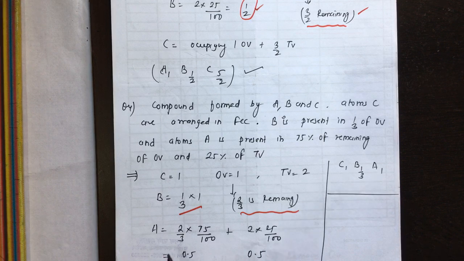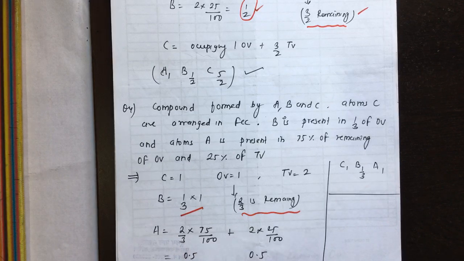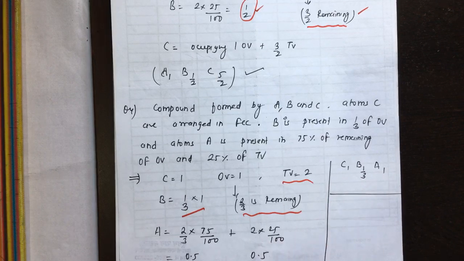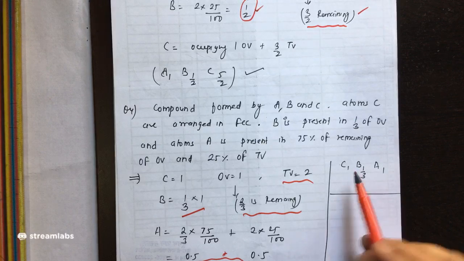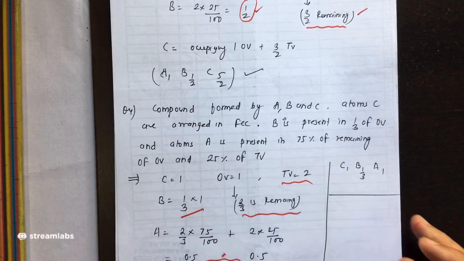So A will be 2 by 3 into 75% plus 2 into 25 by 100. Why? Because there were 2 tetrahedral voids, and 25% of 2 is half, and 75% of 2 by 3 is 0.5. If you add both it will come as 1. So C is 1, B is 1 by 3, A is 1. Convert this into integers and you will get the answer to the question.